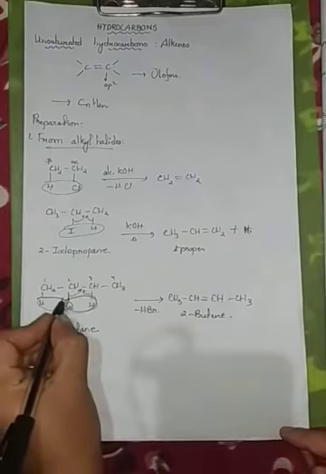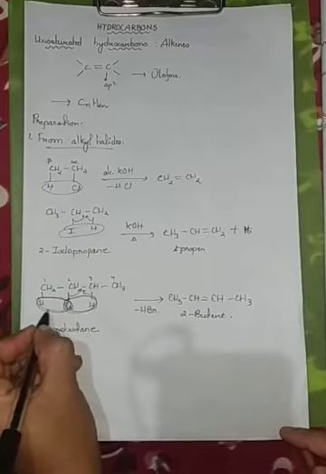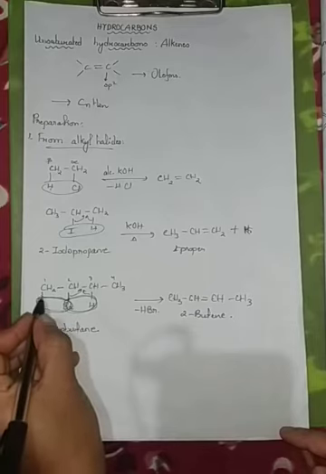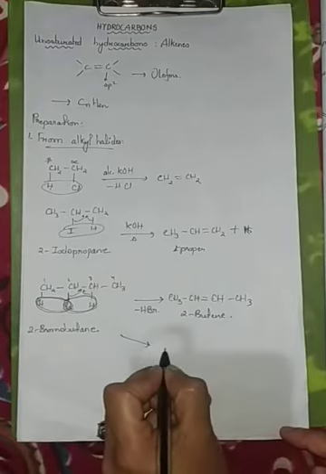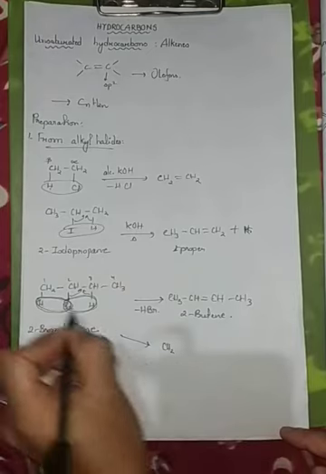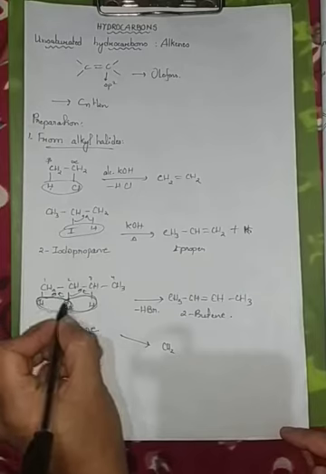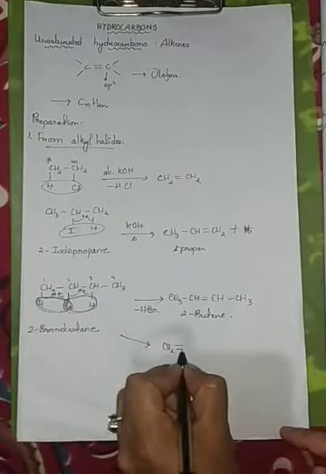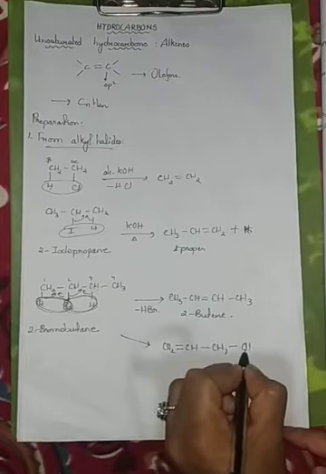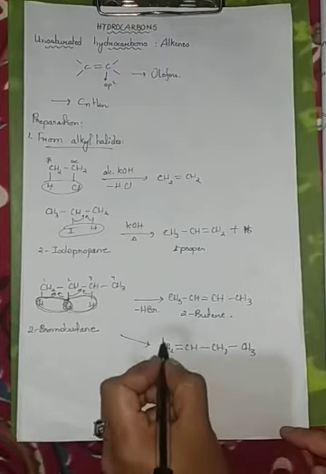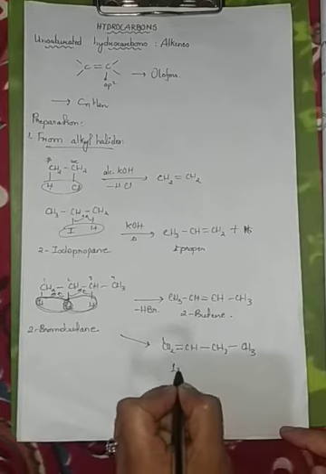Now if we consider the removal of HBr from the first carbon atom, then we will be getting CH2=CHCH2CH3. Since the double bond is at carbon number 1, it will be 1-butene.